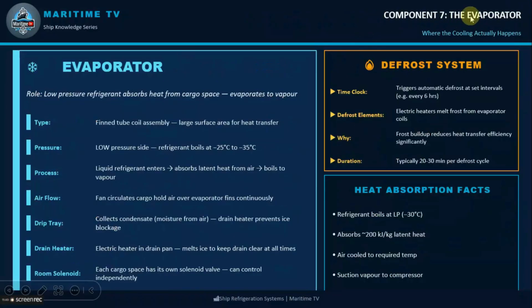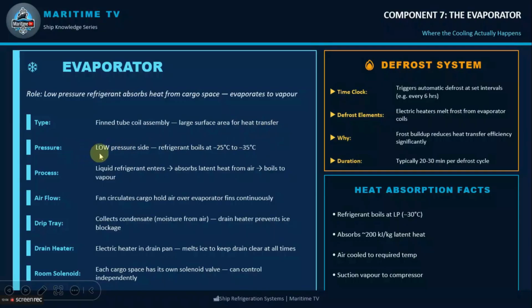Now see component number 7. This is the evaporator. This is where the cooling actually happens. Low pressure refrigerant absorbs heat from the cargo space and evaporates to vapor. It is a tube coil assembly with large surface area for heat transfer.